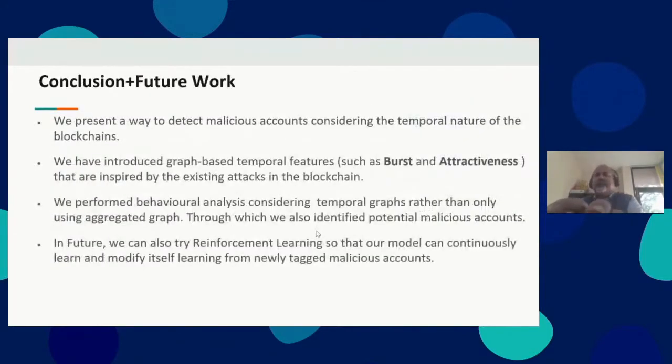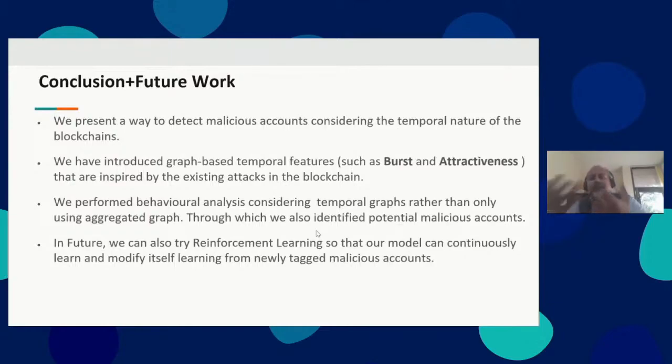So that's basically what I have. We presented a way to detect malicious accounts considering the temporal nature of blockchain. We used graph-based temporal features, and we performed behavioral analysis over various time scales. Through that, we were able to assign a probability of being potentially malicious.